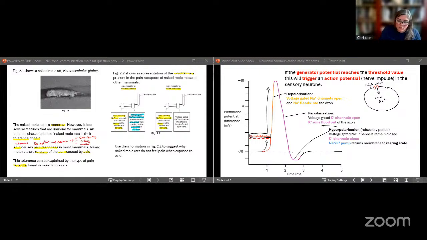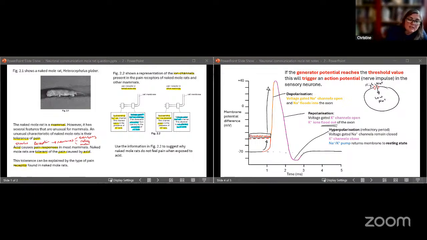So going back to the question, it says in the question that your voltage-gated sodium channels are not affected in mammals by the hydrogen ion presence. So when it says use the information in figure 2.2 to suggest why naked mole rats do not feel pain when exposed to the acid, they cannot have an action potential because those voltage-gated sodium channels are going to be prevented from opening.